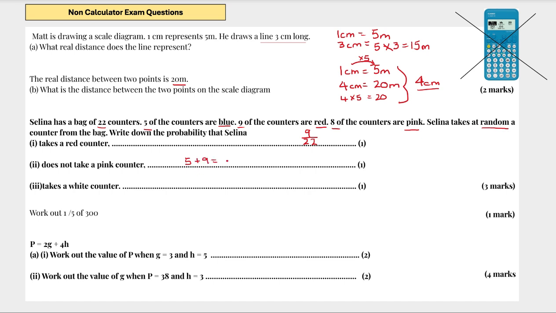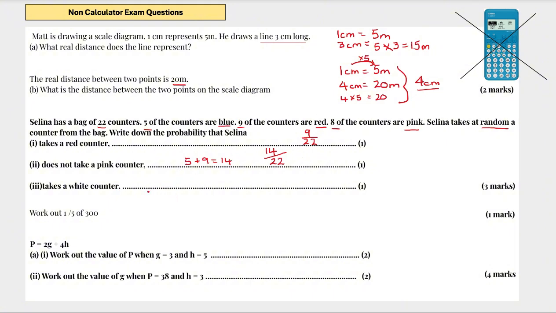Add them together, because that's how many is going to be in the bag. So now we've got a new numerator, which is the top part of a fraction. So we've got 22, because that hasn't changed, and 14. That's all we've done there. We've taken out the pink in our imaginary bag, and it's just what we're left with.